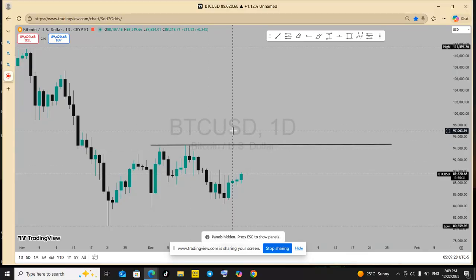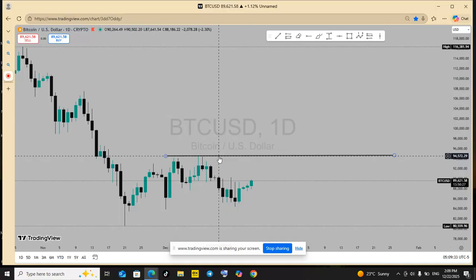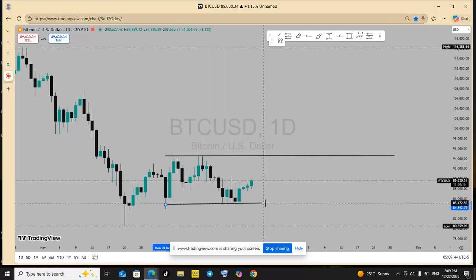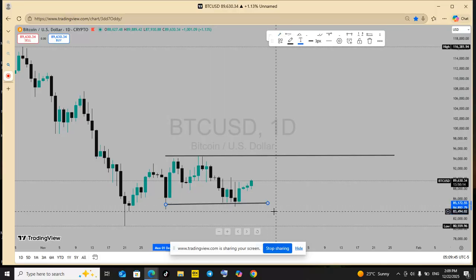I'm in the daily time frame now. This is the daily time frame. So now, this is my liquidity area in an uptrend. Even here down, you can see there are high rejections.